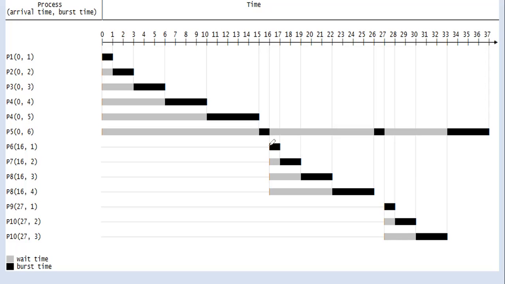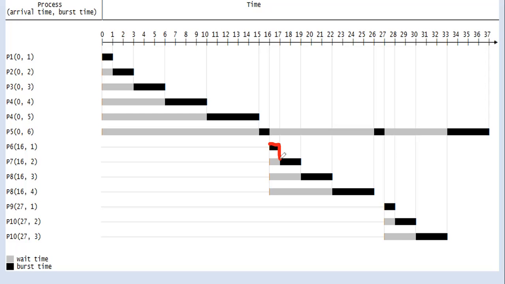And therefore, process P6, which has arrived at time 16, will be processed for just 1 minute. So it will not even wait. And then it will exit from the system, after which process P7 also arrived at time 16, so it will just wait for 1 minute.